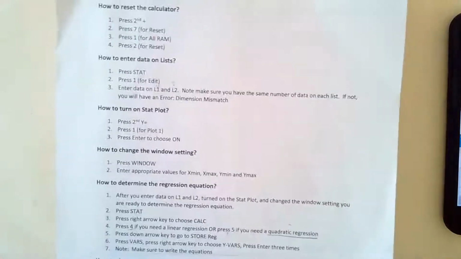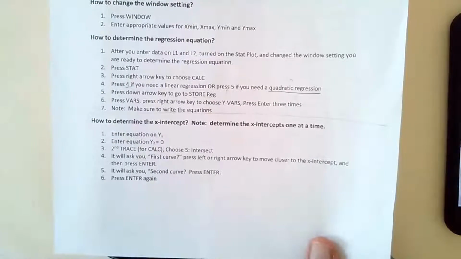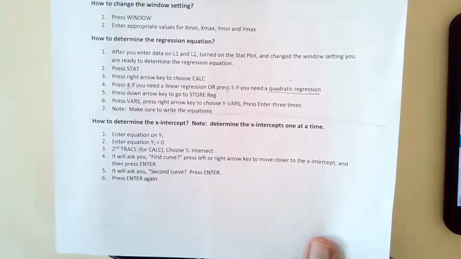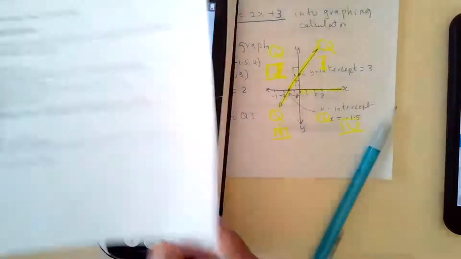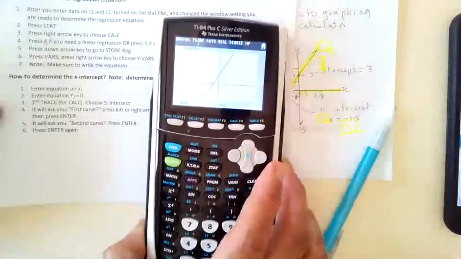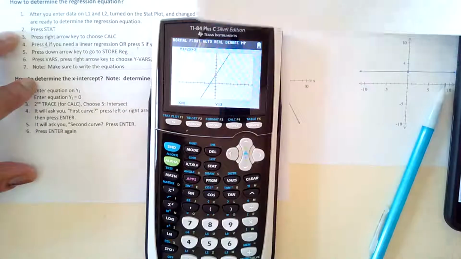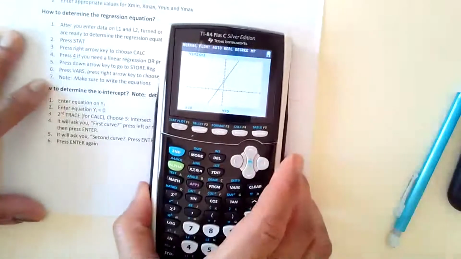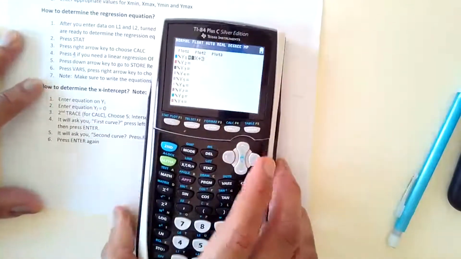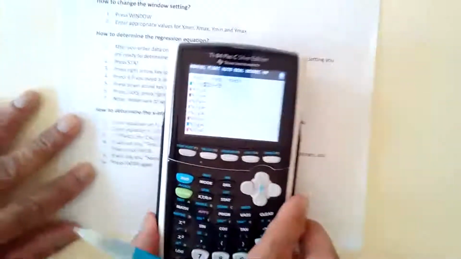And on the first page, just using the graphing calculator, how to find the x-intercept. Okay, so let's find the x-intercept. Now, we have our equation in the line. So we'll move this for a moment from here. So this is our equation, which we have in our calculator.